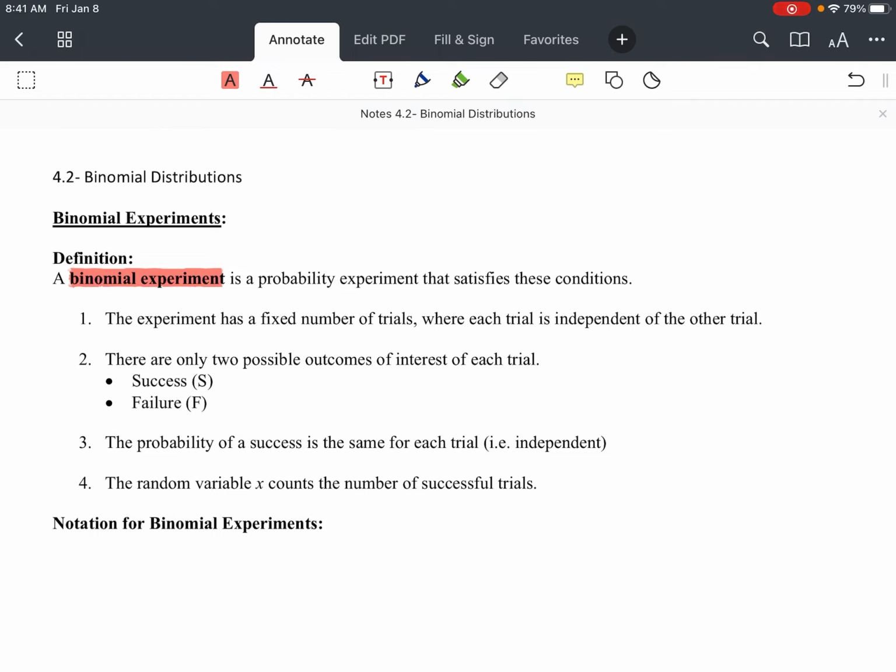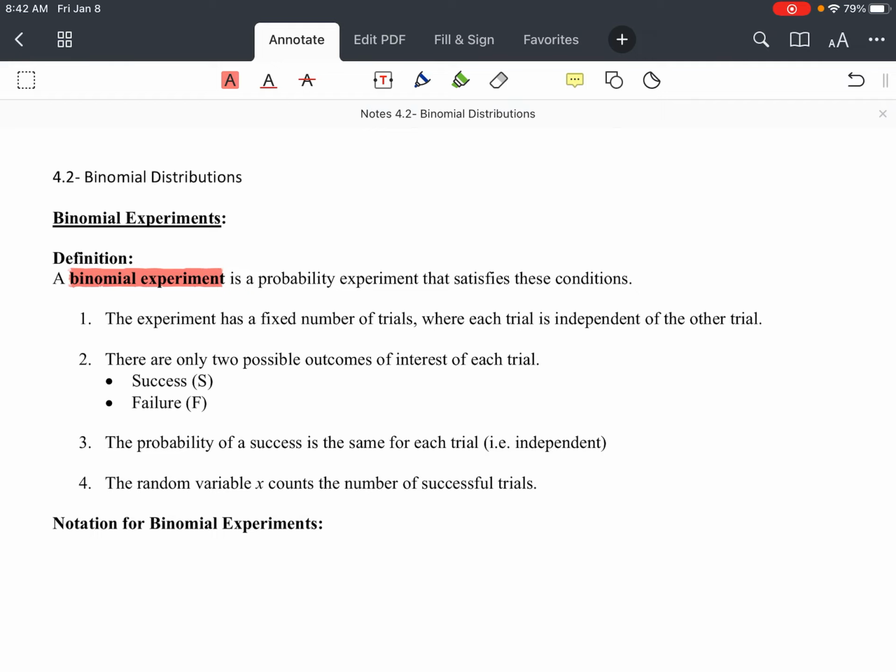It does stop at some point, so we can actually count them. The second one is that there are only two possible outcomes of interest for each trial. Either it's a success or it's a failure. There will be times where even if it looks like we're looking for a failure, that would actually be considered a success. It just depends on what we're actually looking for. And I believe there's an example of this in the notes.